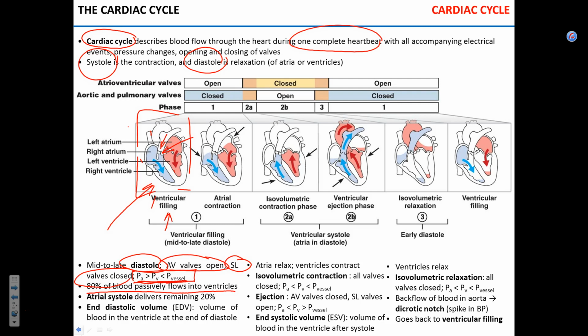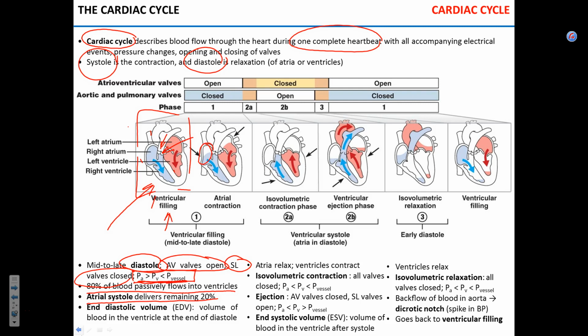And at the very end of ventricular filling, atria start to contract. That's atrial systole. Atrial systole delivers only about 20% of all the blood into the ventricles. So it is important, but not terribly important. Does that make sense?